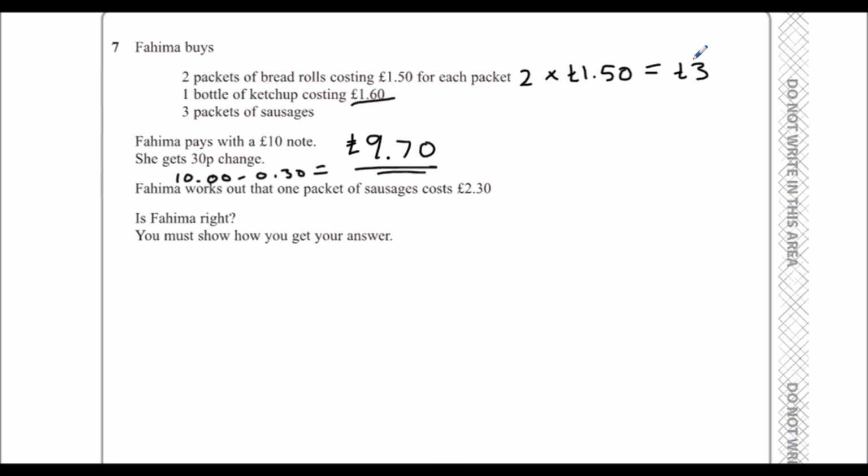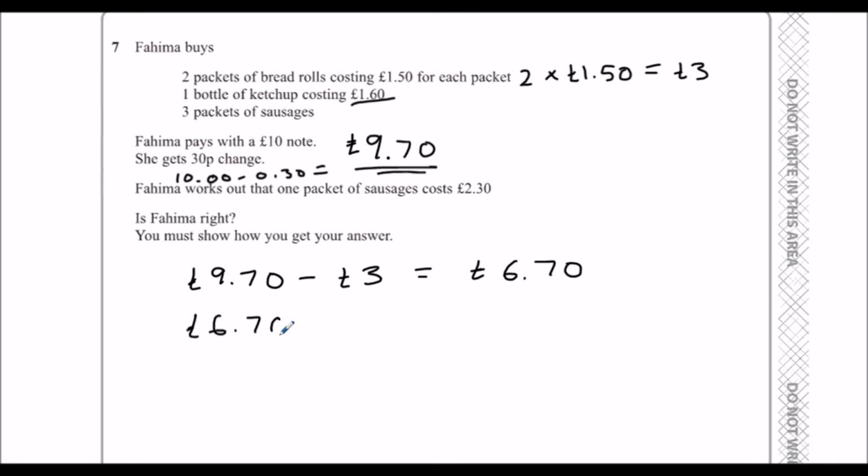So we've got £3 and £1.60, and then the sausages. So let's take off the £3 for the bread rolls. That leaves us with £6.70. And then we'll take off the ketchup.